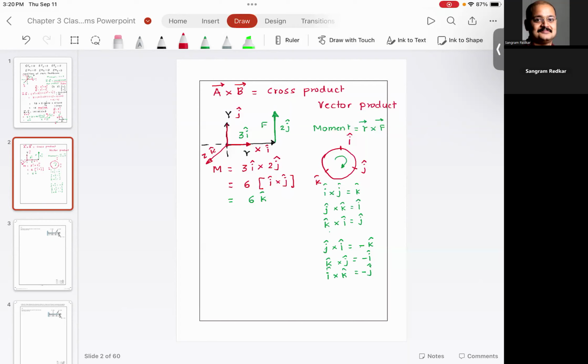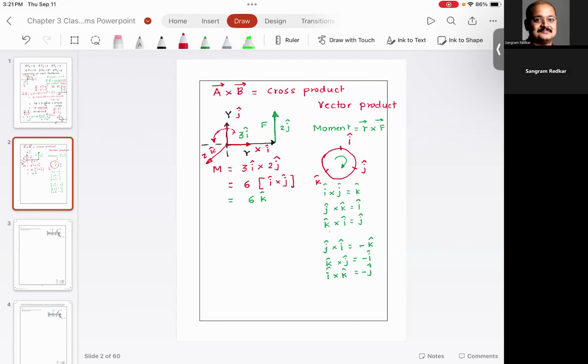Now tell me, looking at the direction of the force and the movement, the force is going in the upward direction. It is perpendicular to the radius. Can you see that this force is going to give us a moment in this direction? You agree with me?